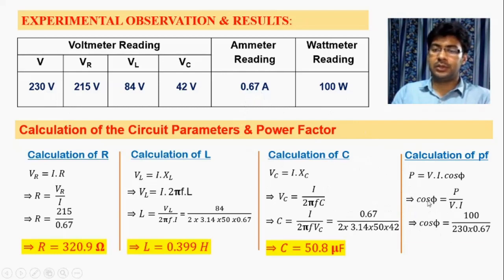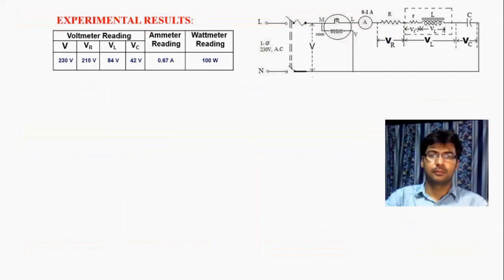So after calculation, we will get power factor is equal to 0.649. So in this way, we can calculate the circuit parameters and also power factor of a series RLC circuit.